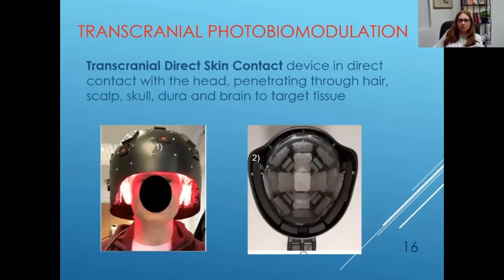Another example of this in a much larger area, this is a Thor helmet, and you can see the inside. There are a number of clusters with LEDs, and they can be either a combination of visible red or infrared. And this helmet, I believe now, other than for Dr. Nazar's research study, treats the entire brain all at once.